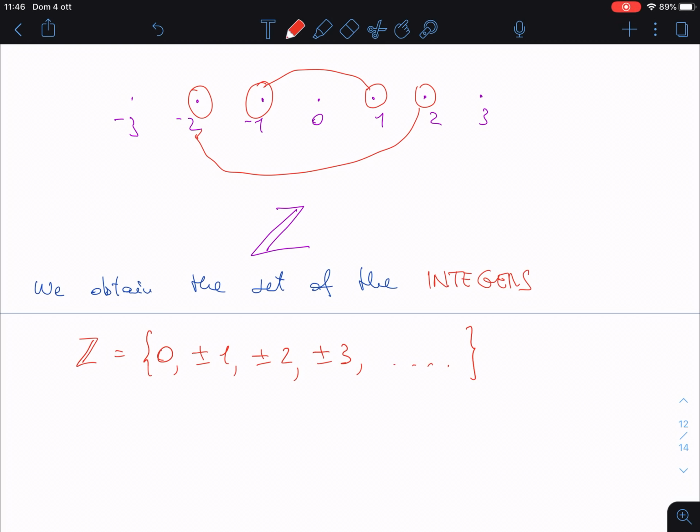And again, there are two operations, sum and product, which are again commutative, associative, and distributive one with respect to the others.